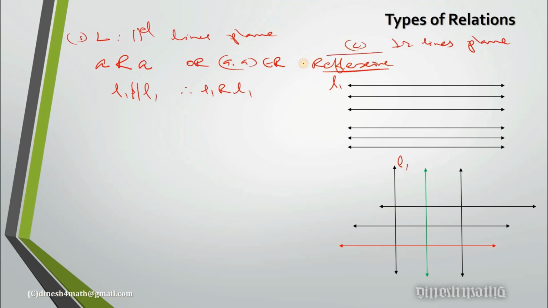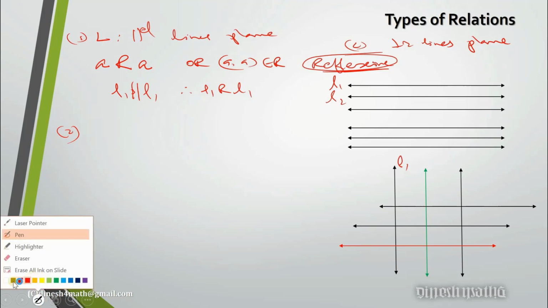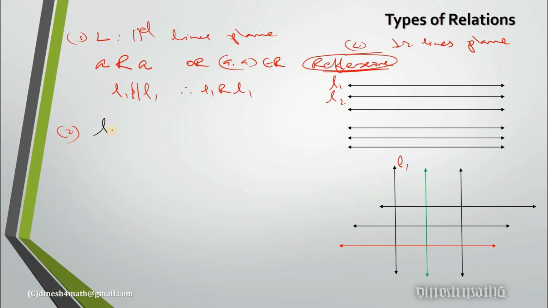Now we consider two lines, L1 and L2. Clearly L1 and L2 are parallel to each other. L1 is parallel to L2. Can you say L2 is parallel to L1? Obviously if L1 is parallel to L2, then L2 also is parallel to L1. Now in the second example, say L1 and suppose I take this as L2.